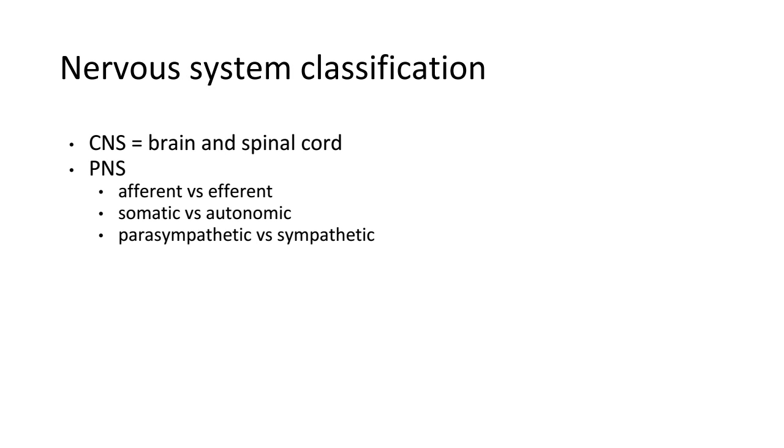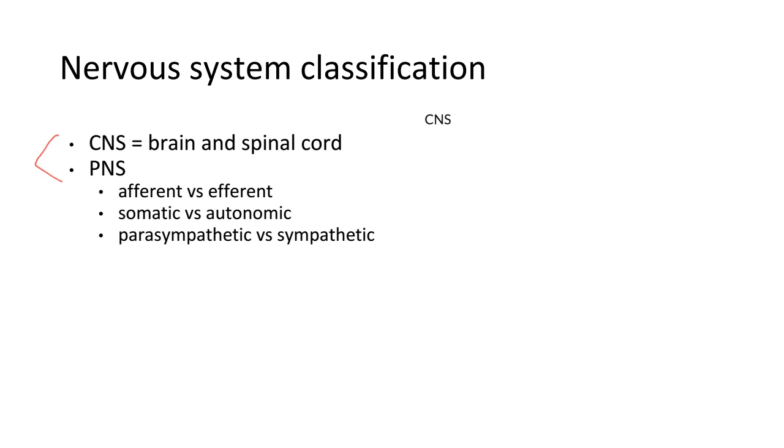Okay, so let's look at how the nervous system is classified. The nervous system is broken into two main divisions: the central nervous system and the peripheral nervous system. So that's my CNS, which is abbreviated for central nervous system.